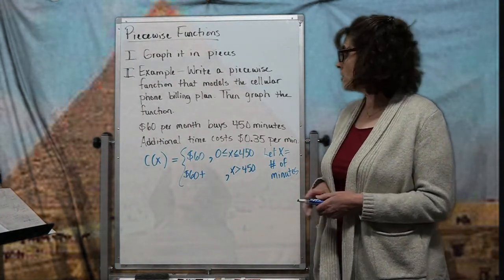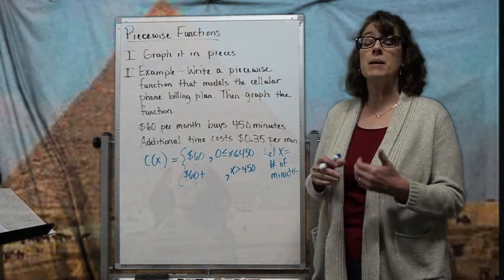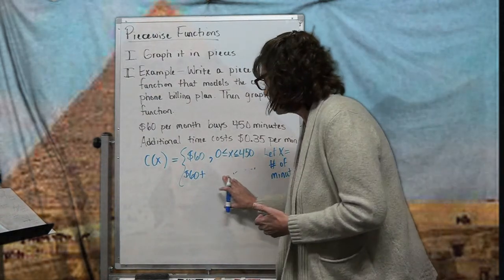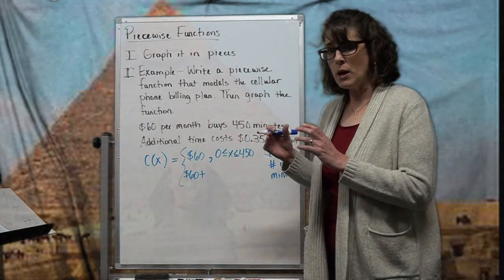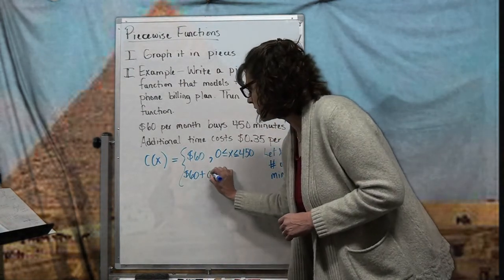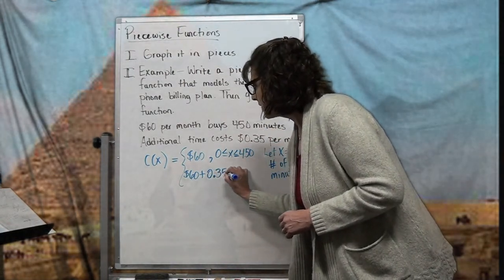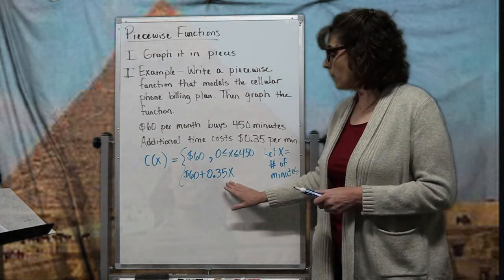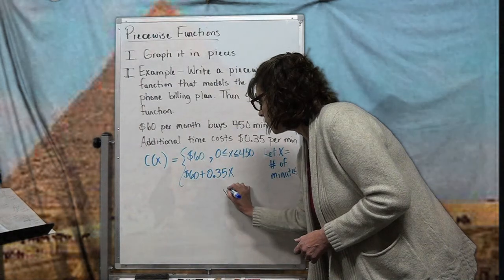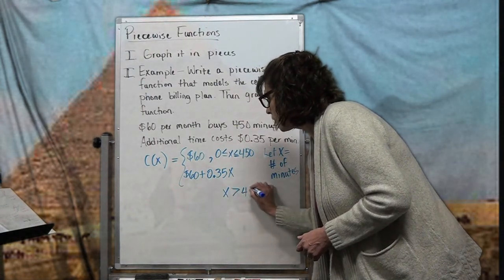Now what I'm going to add to that is 35 cents for every minute beyond. Now what a lot of people do, let me get this out of here, I'll bring it back in, and it's just going to take too much space. Now what a lot of people do is they say, okay, that's going to be 35 cents times each and every minute. But now think about what this is indicating. This is for all of my X's that are greater than 450.